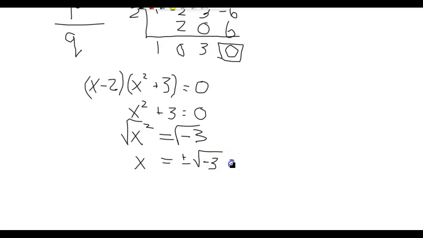And don't forget, you can pull the negative outside of the radical by putting an i out there. So this is just going to be plus or minus i times the square root of 3. And those are our two final roots. So that would be positive i root 3 and negative i root 3.